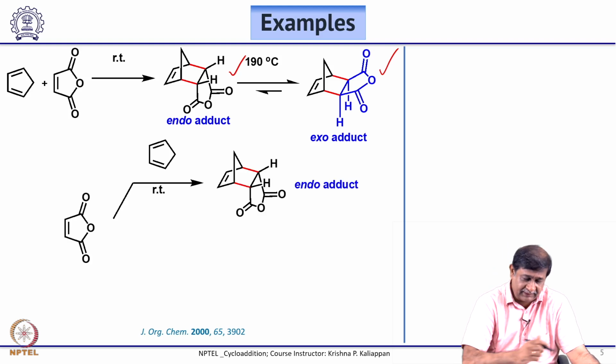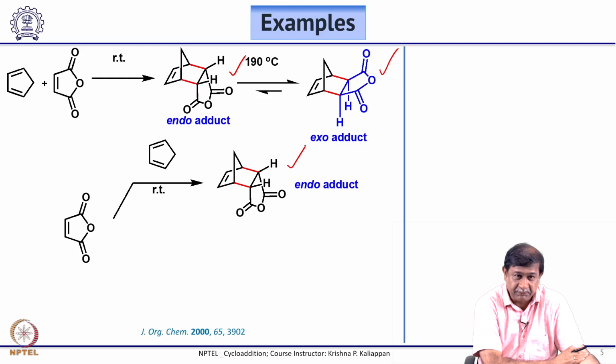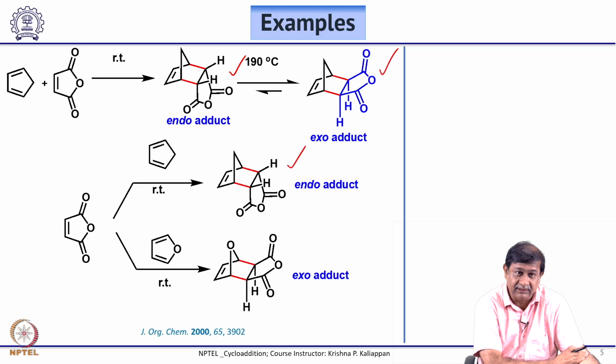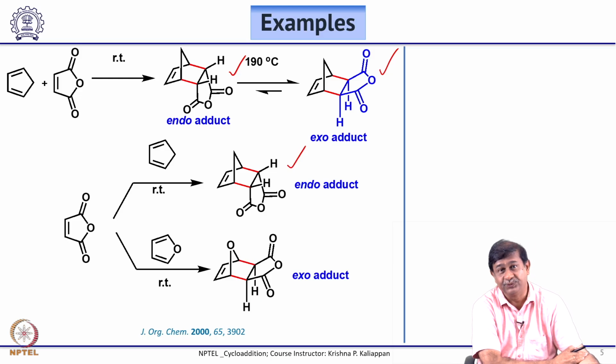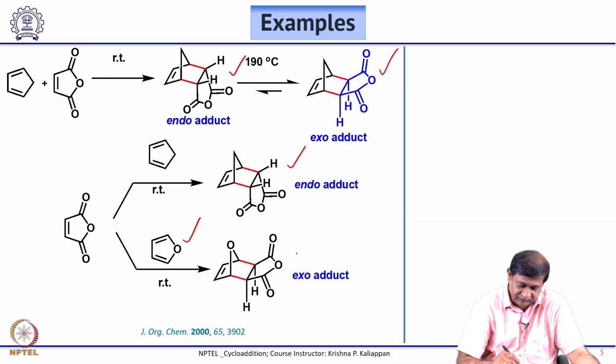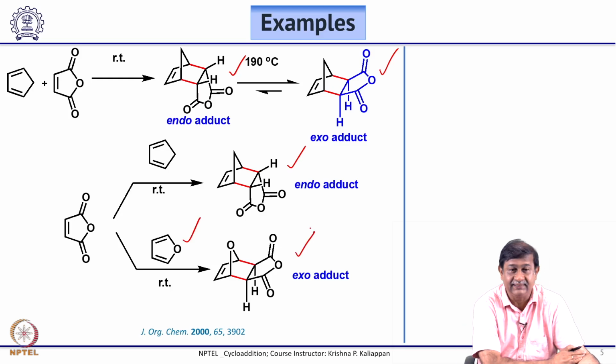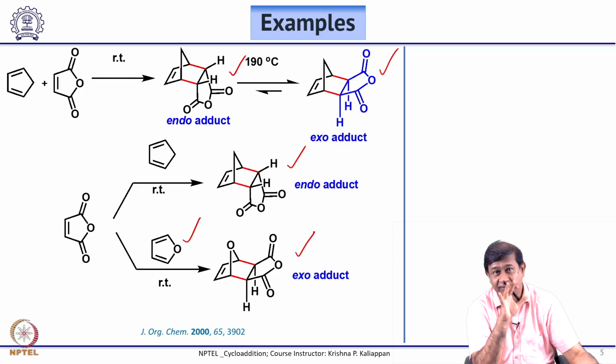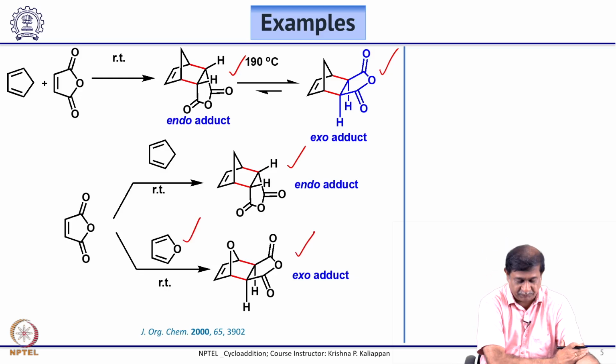This is what you get at room temperature when you use cyclopentadiene as the diene and treat with maleic anhydride. But instead of cyclopentadiene, if you use furan, then what you get is directly the exo product as the major product. Even at room temperature, furan gives the exo product.